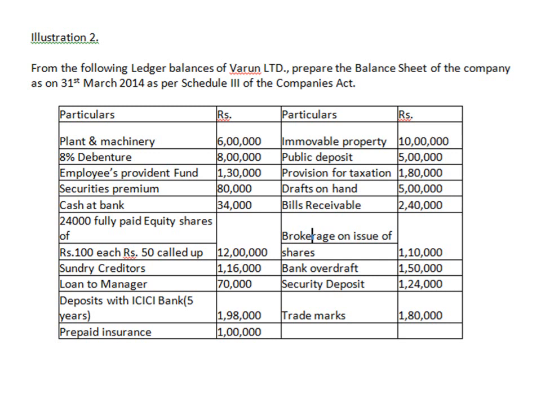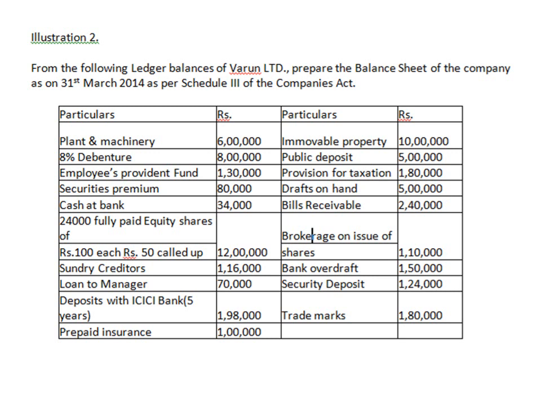Then deposit with ICICI Bank. These are our investments. And then we have prepaid insurance. Then there is immovable property, that is of 10 lakh rupees. And then public deposit.